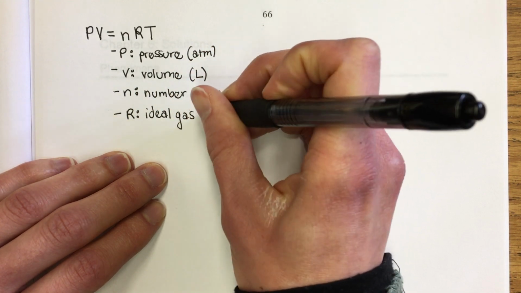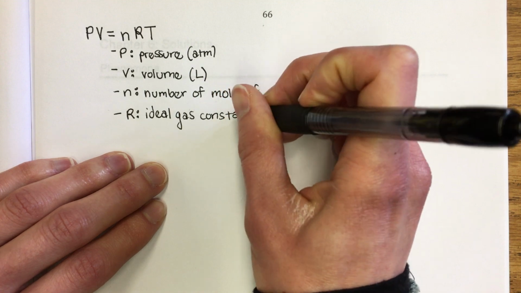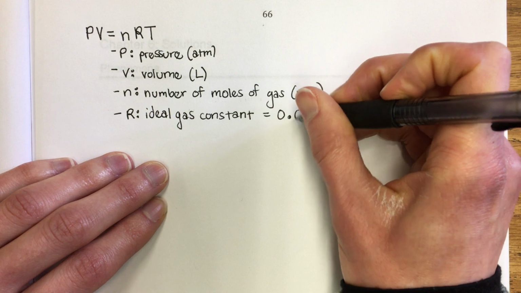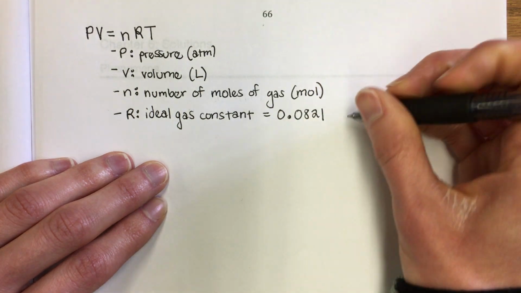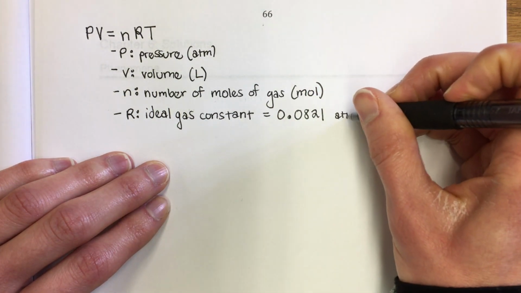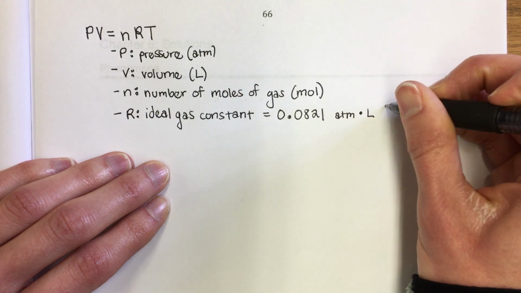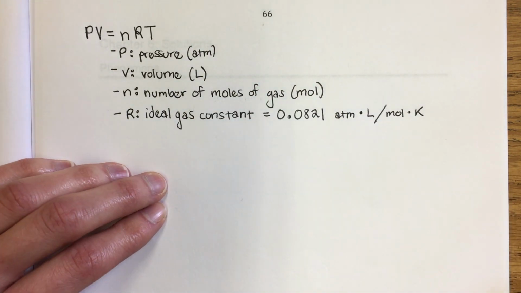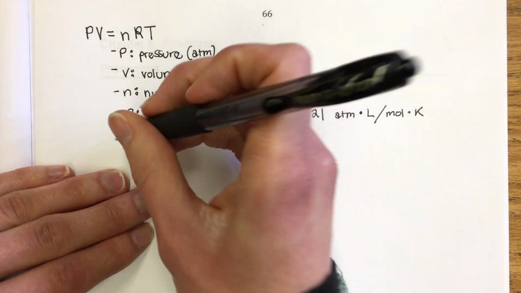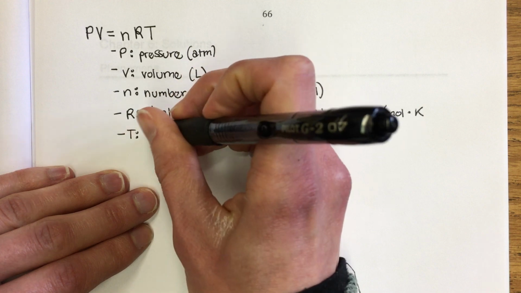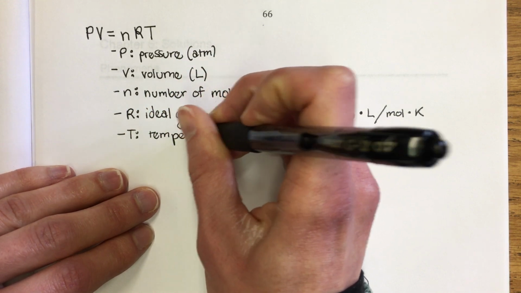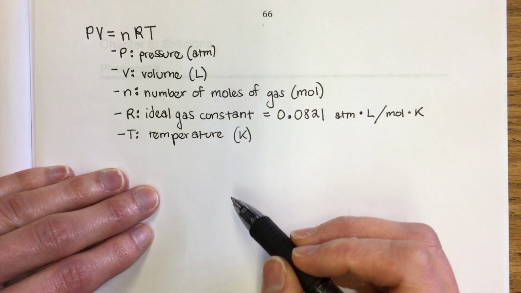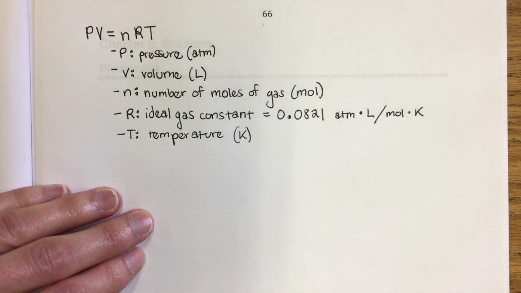It's called the ideal gas constant, and its value is 0.0821, and then it's got a bunch of units: ATM, so atmospheres times liters, divided by moles times Kelvin. It's got all the other units that we use in this equation, and it's always going to be this number. And then T is temperature, and that has to be in Kelvin.